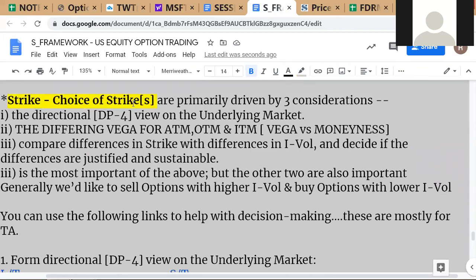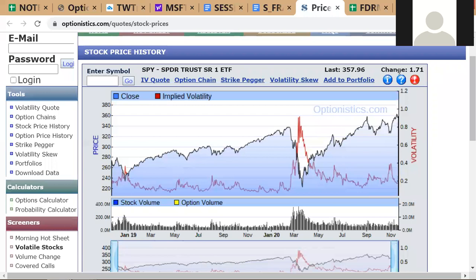One is your directional view on the underlying market. When you're trading SPY options, what is your directional view on this? This is where we go back to the point that Utsav raised about the moneyness of the options.